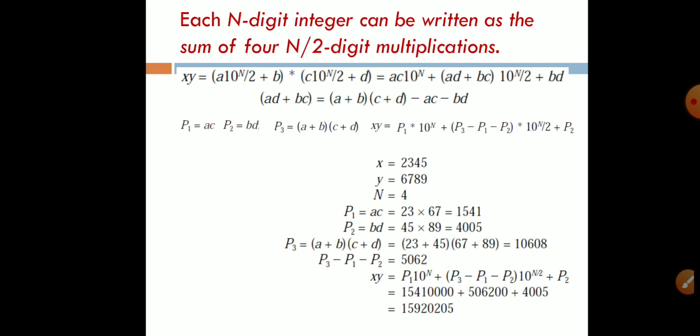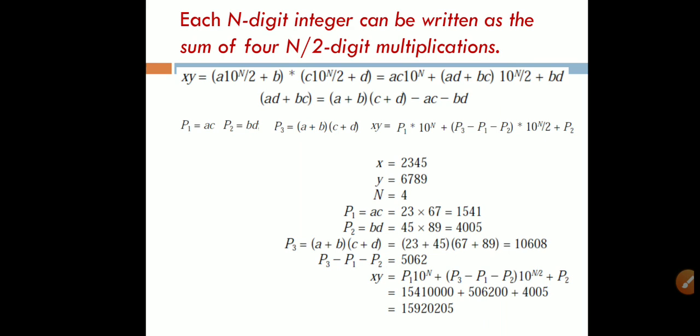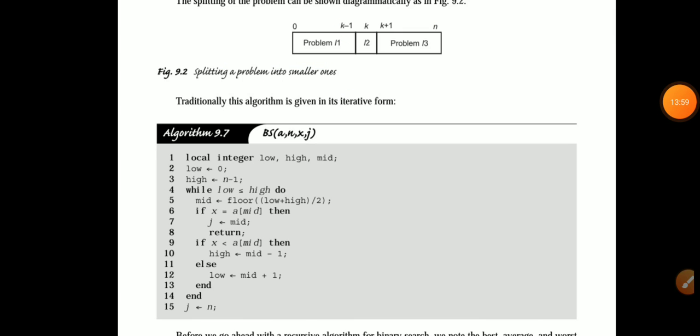Now we are going to learn about another algorithm, that is the binary search algorithm. And the binary search algorithm is again using the divide and conquer approach. So let's start with the binary search algorithm.